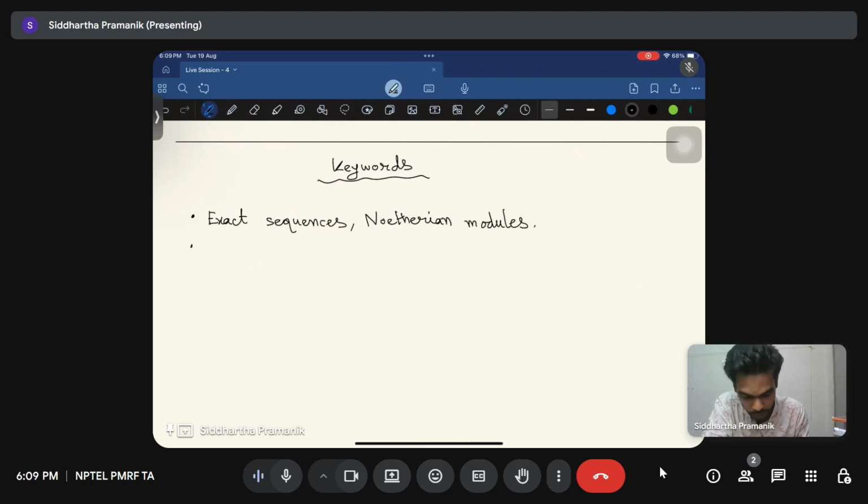And after that, we moved on to the topic of localizations. So for that, we have defined multiplicative subsets of a ring. And using that, we have defined localizations of a ring, and after that, localization of a module.